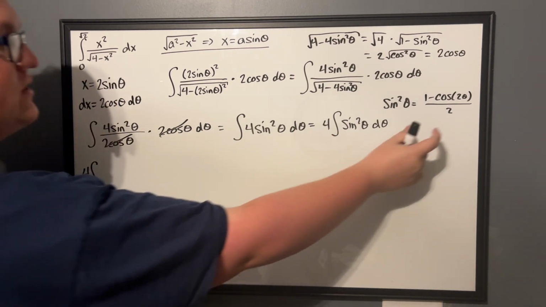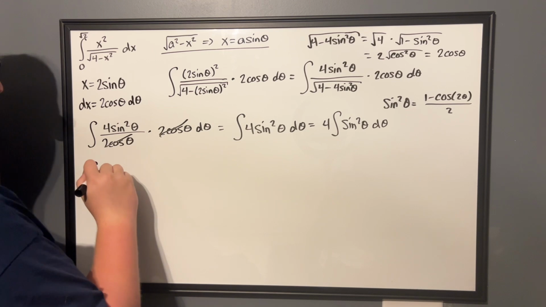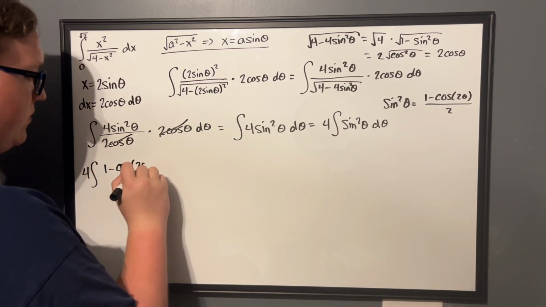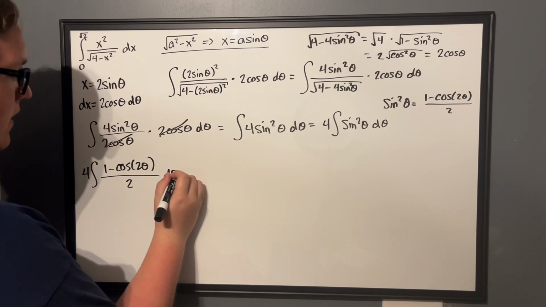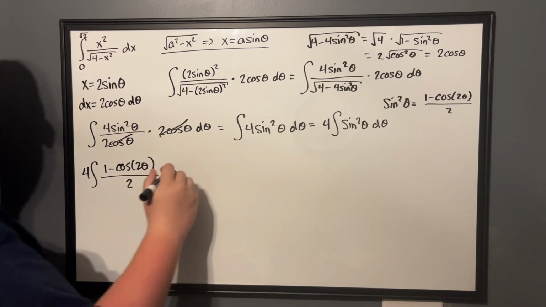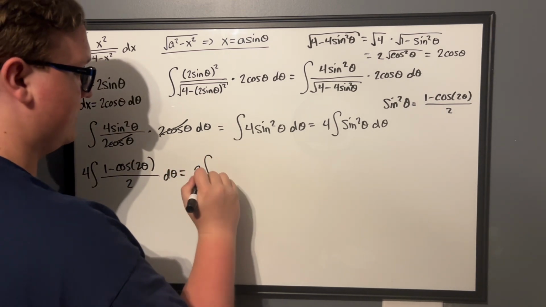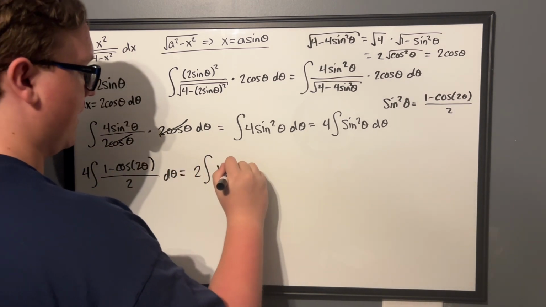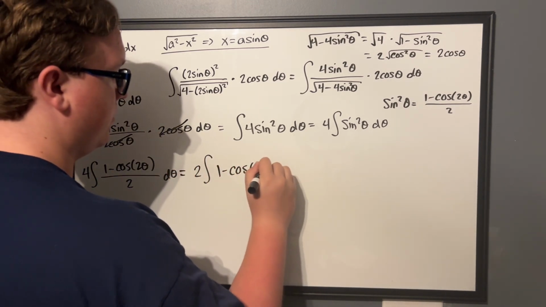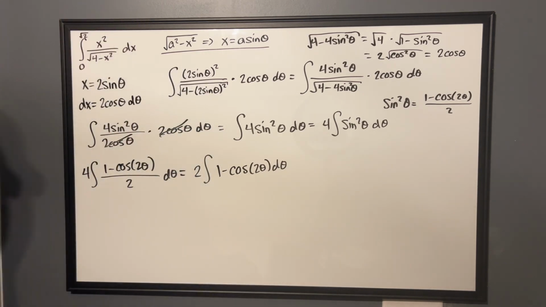Well, now sine squared has turned into this. So we're going to have 1 minus cosine of 2 theta divided by 2 d theta. Now we can pull this 2 out and change this into a 2 on the outside because 4 divided by 2. And we'll have the integral of 1 minus cosine of 2 theta d theta.